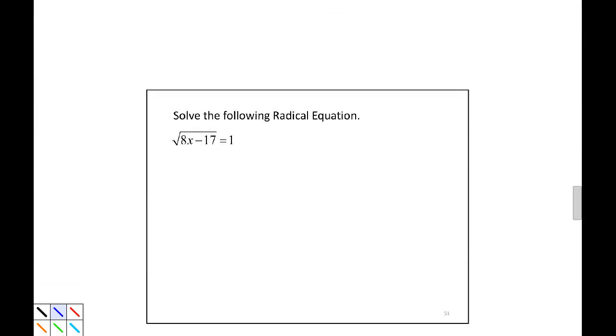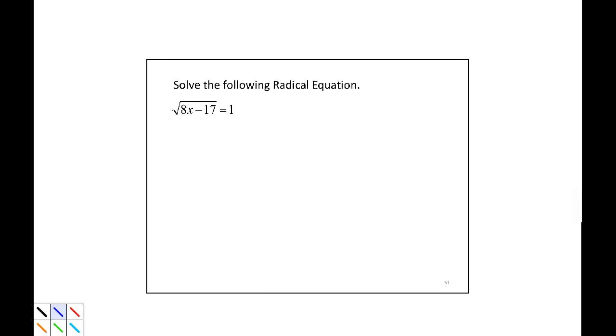All right, for our first example, solve the following radical equation. The square root of 8x minus 17 equals 1. Well, because this is a square root, we're going to raise both sides to the second power. Raising that to the second power, we have 8x minus 17 equals 1. Squaring a square root results in having just the radicand remaining.